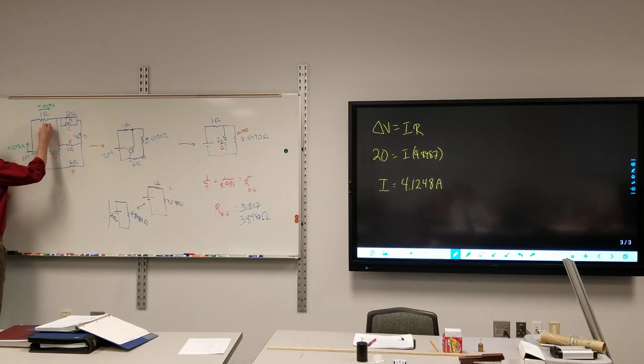So as I'm going across it, minus 4.1248 volts. Now I want to see if I can figure out a path.